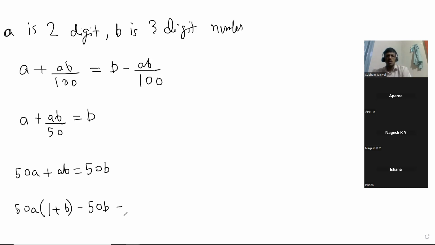This will just come with some factorization, right? Minus 50, no. So 50 minus 50, right?